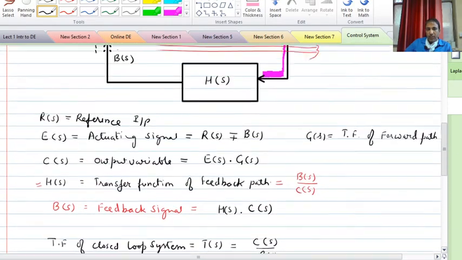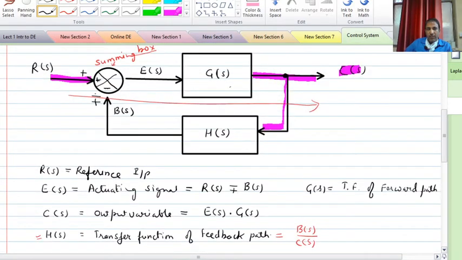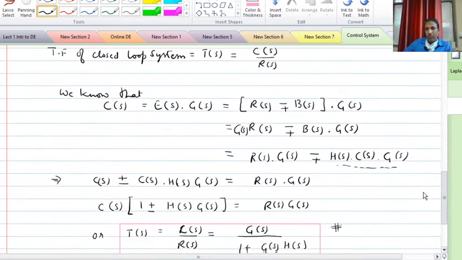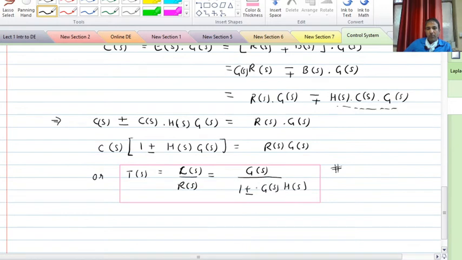Here, if the sign is reversed, with plus or minus there, then this will change to minus or plus. It means if negative feedback is there, then we have to use the positive sign. If positive feedback is there, then you have to use the negative sign. So this is the transfer function of your closed loop control system.